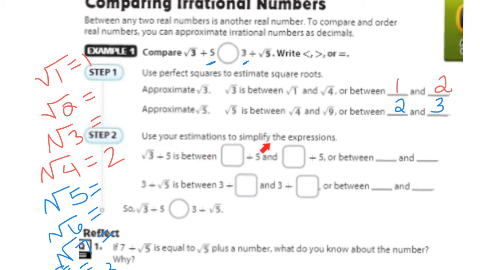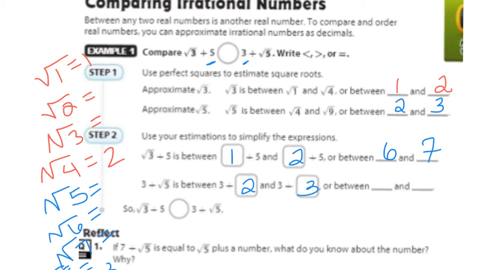Use your estimations to simplify the expression. Well, the square root of 3 is between 1 and 2. So the square root of 3 plus 5 is between 6 and 7. And 3 plus the square root of 5 is between 3 plus 2 and 3 plus 3. Now keep in mind I'm getting these numbers from up here.